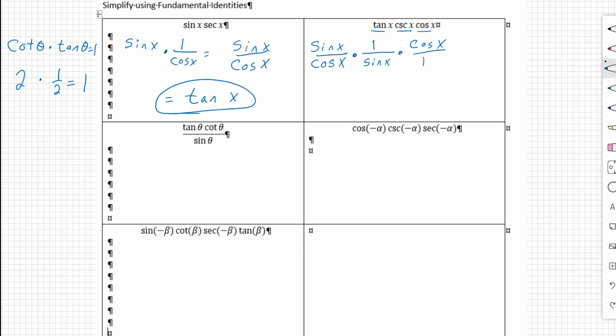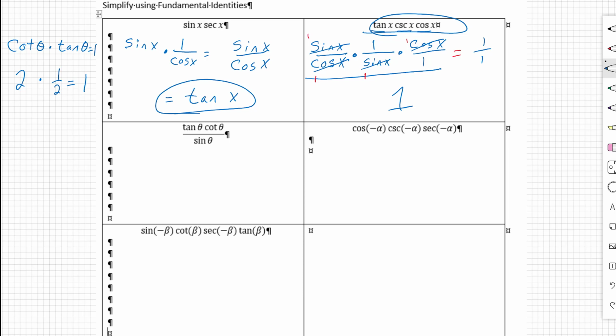At this point, we can divide out a sine x from the numerator and denominator, divide out a cosine x from the denominator and the numerator, and in all of these cases it leaves behind a 1. And when we multiply across, we get 1 over 1, which is just 1. So all of this mess simplifies out to just 1.